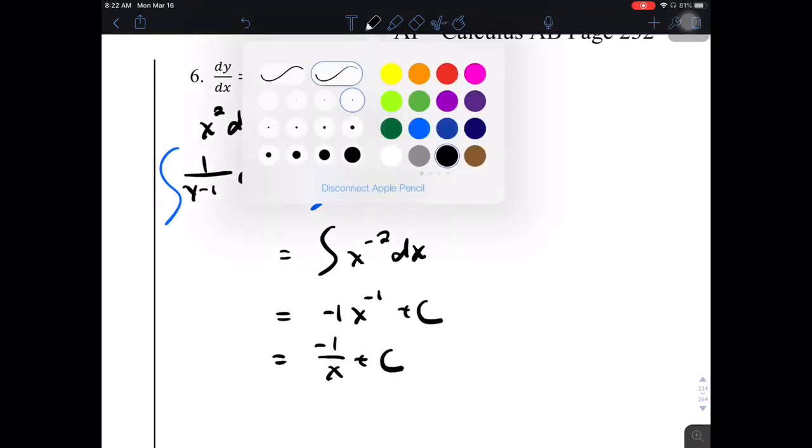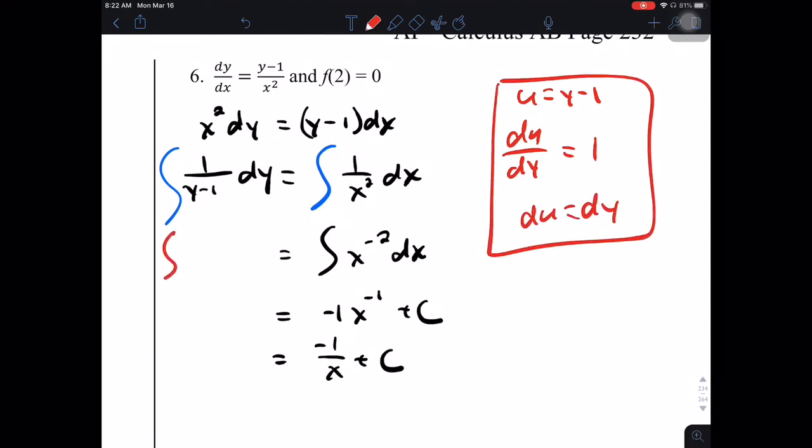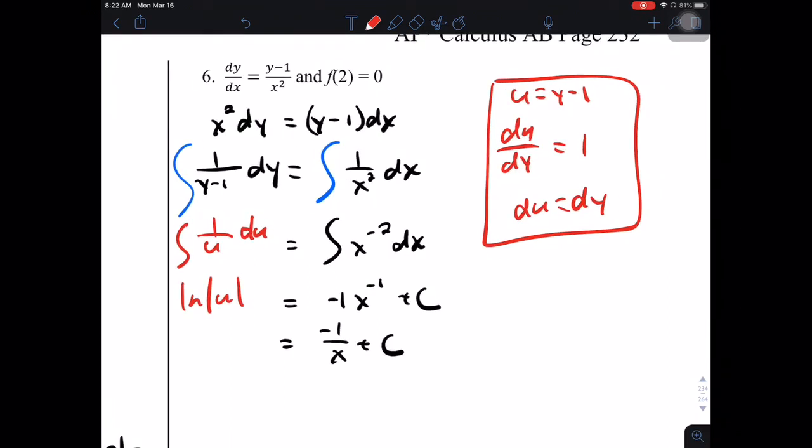The left side, I'm going to have to set u equal to y minus 1 because I cannot integrate this directly, which is going to make du over dy 1, which makes du equal to dy. So integrating this, I'm going to have 1 over u du. This is natural log of the absolute value of u, and u is y minus 1.